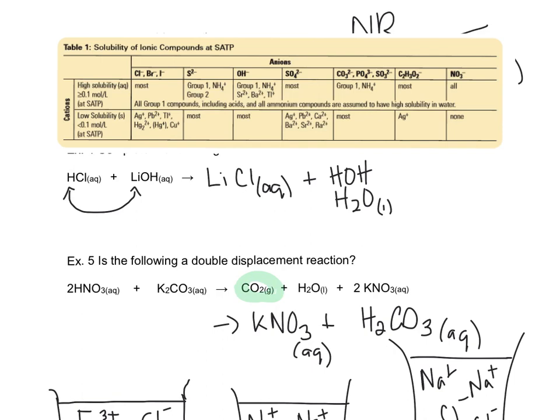What happens is H2CO3 breaks down, it's carbonic acid, not hydrogen carbonate. It's carbonic acid, and it breaks down further into CO2 and H2O. So if you find you get an AQ product and H2CO3 AQ, you don't actually have that as a product. You react it further to get H2O, CO2, and your ionic compound. So this is a double displacement reaction.